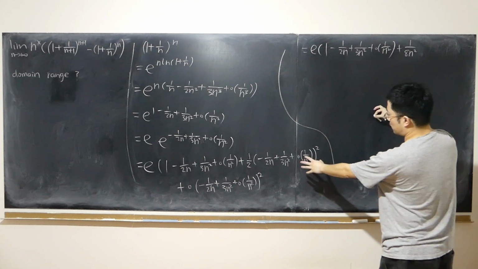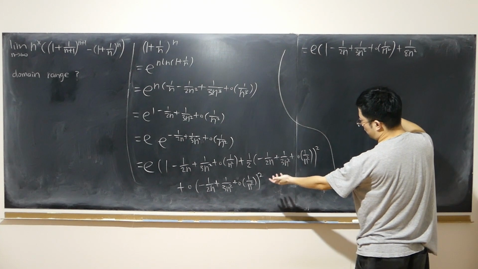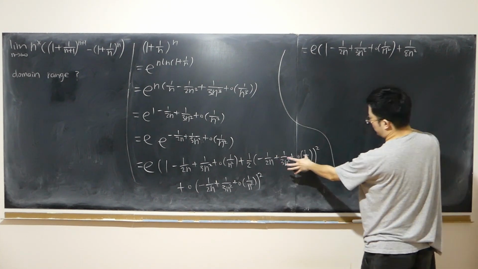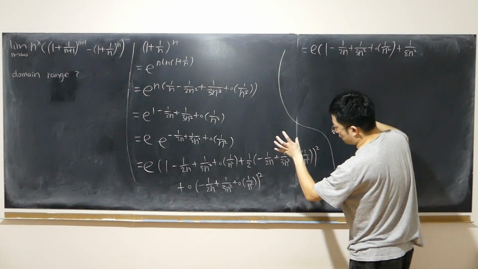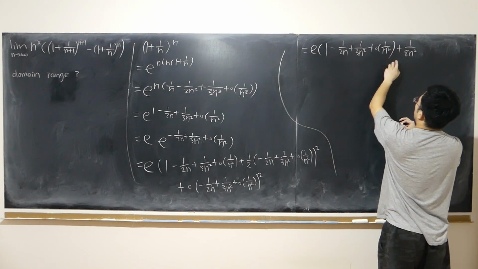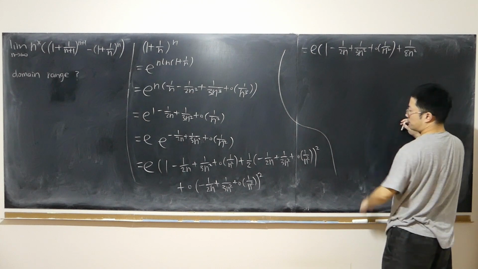The other terms are either some constant over n cubed or n to the power of 4, but all of these terms approach 0 faster than 1 over n squared, obviously. I can put them all into this little o of 1 over n squared.